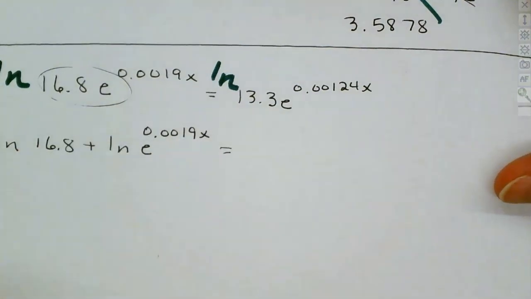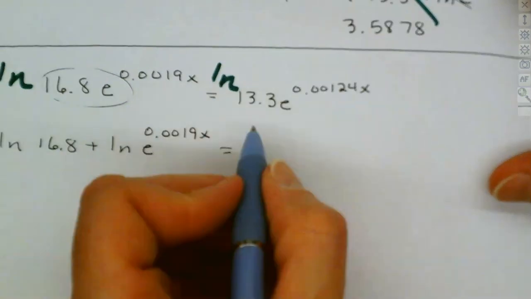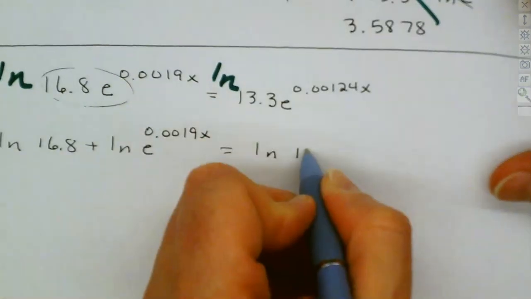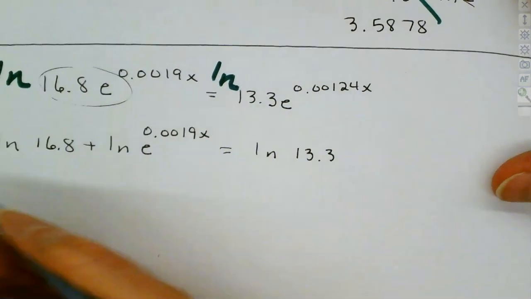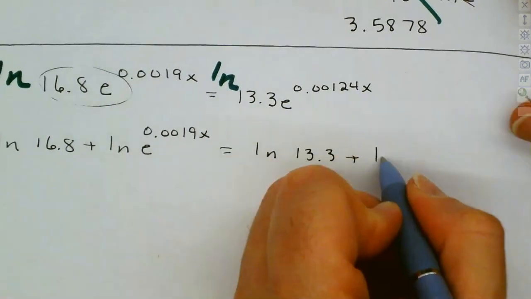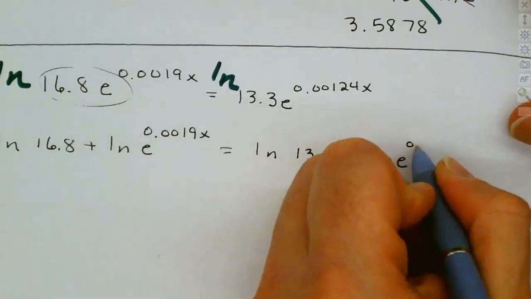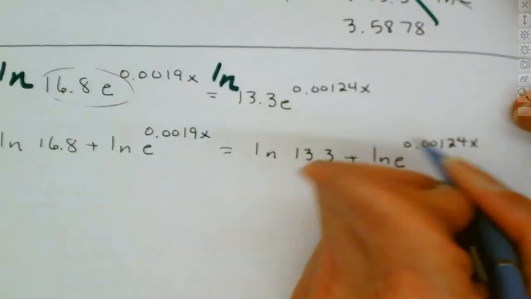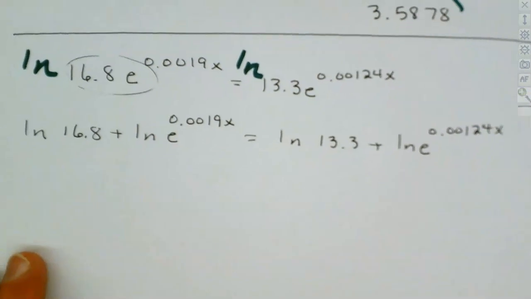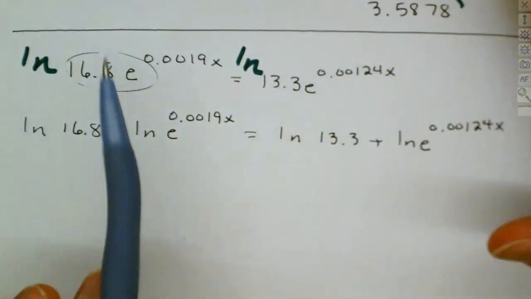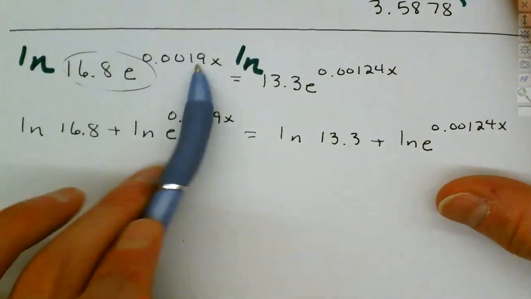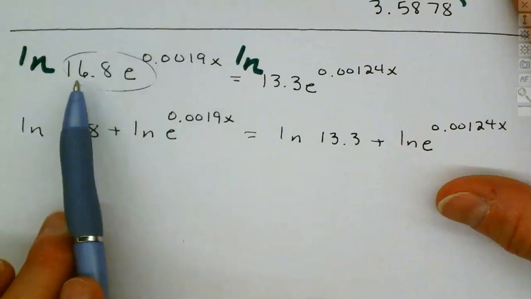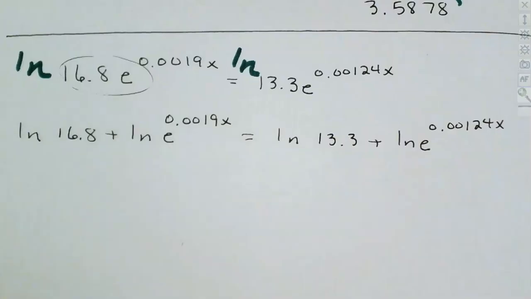The other side is going to be the same thing. Natural log of 13.3 plus natural log of e to the 0.00124x power. That was my mistake of not splitting it up correctly, because the power only goes to this piece here, not the entire part. So split the multiplication up.